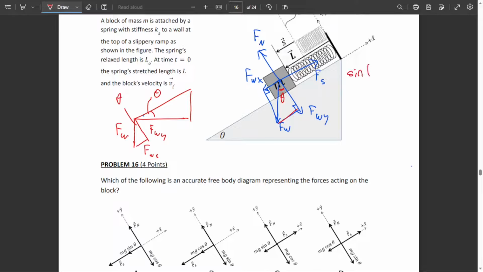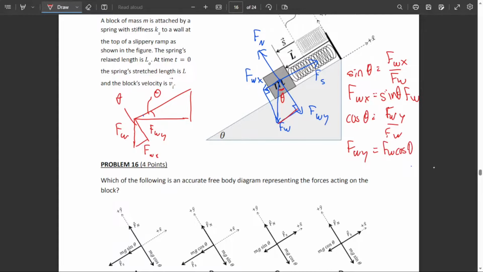So sine of theta is going to equal FW of x over FW, or FW of x is equal to sine theta FW. And then similarly, cosine theta is going to equal FW of y over FW, or FWY is equal to FW cosine theta.